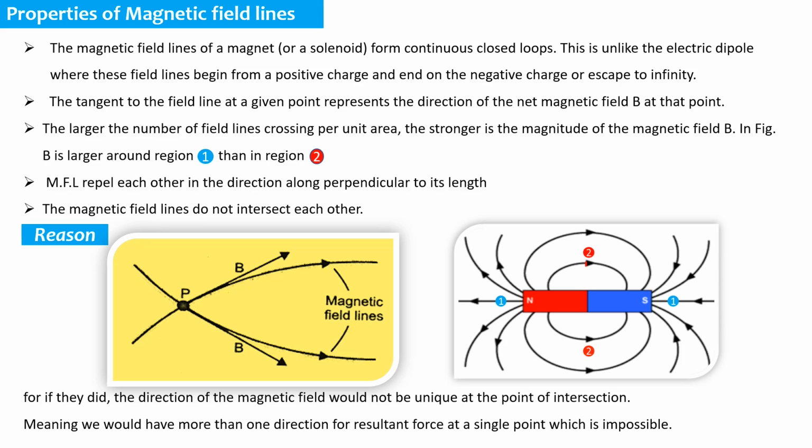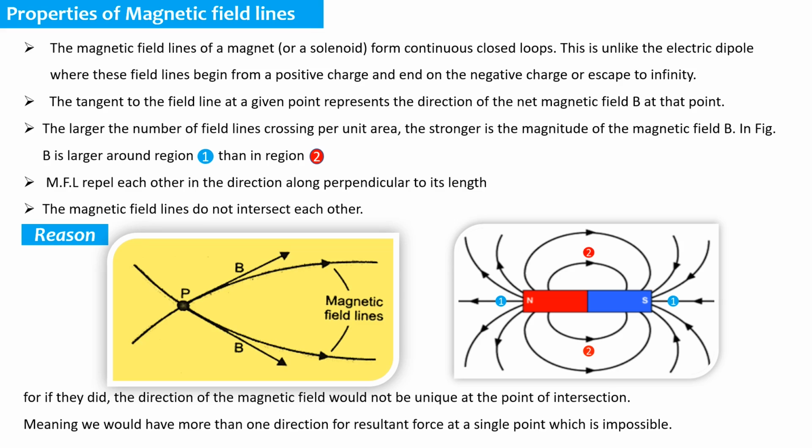Here it is bulging out, here is bulging out. So there are more magnetic field lines in between. We haven't drawn that. Whatever they are doing, they are repelling each other. If they were not repelling, they could be a straight line here. So magnetic field lines are repelling each other perpendicular to the length.